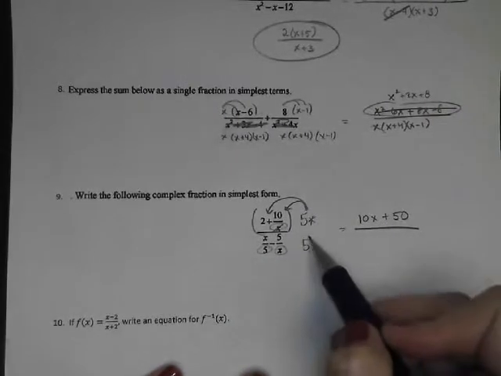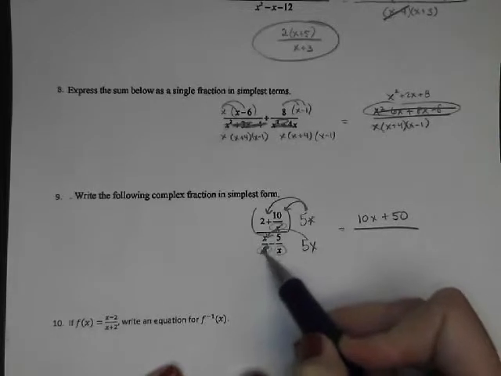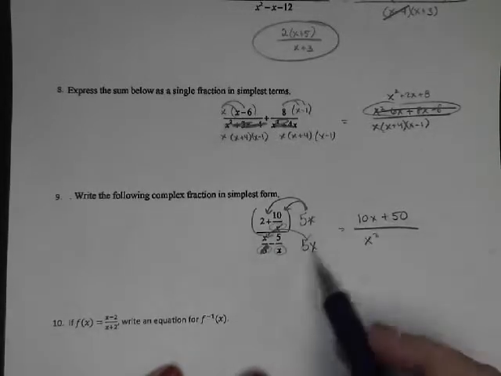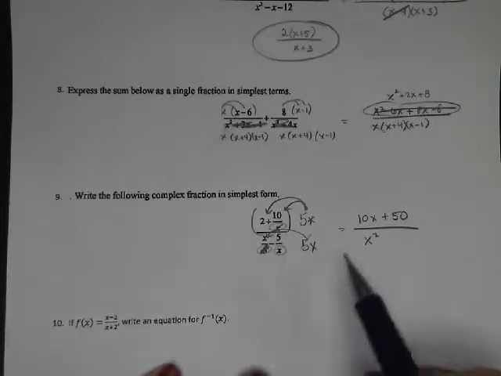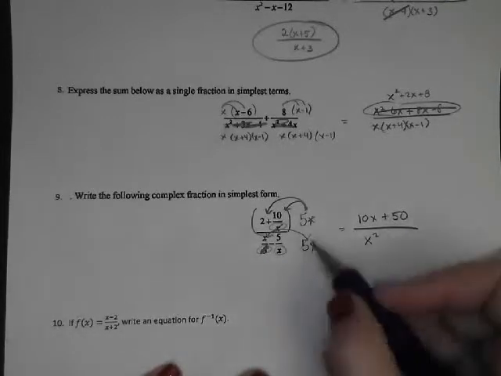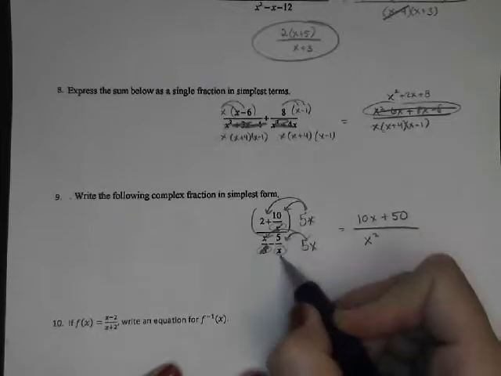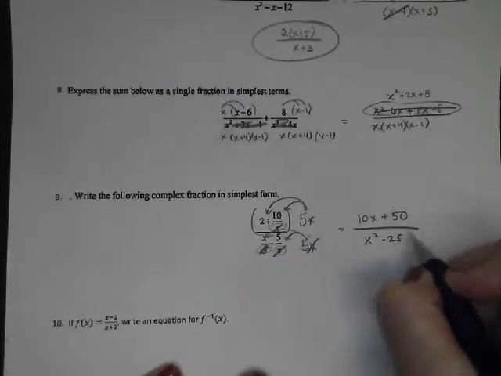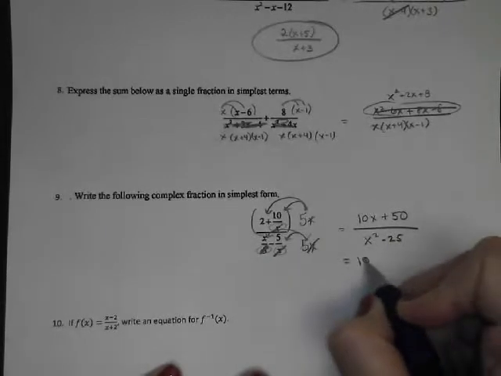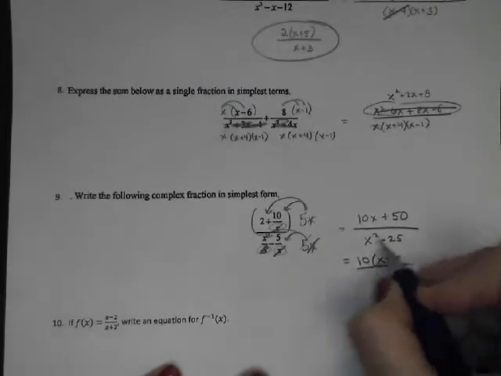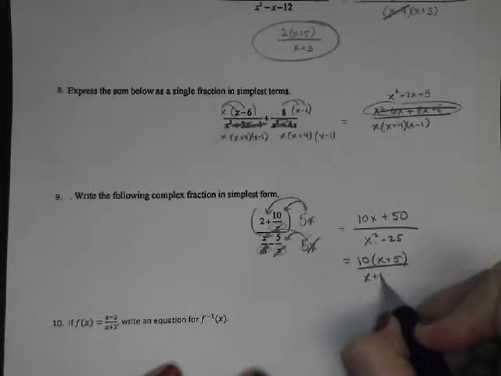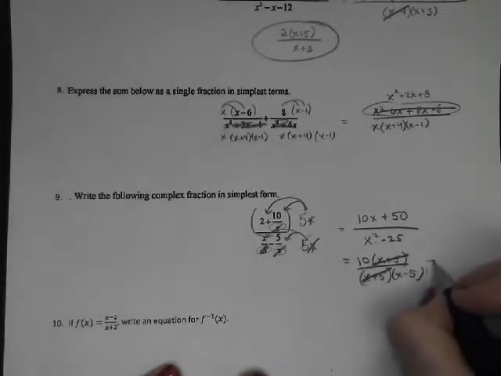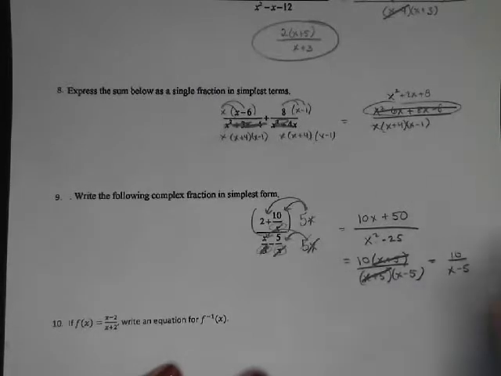On my denominator, 5x times the first fraction, the 5 will cancel, so x times x, I'm not going to fully cancel that 5 because I need it for my next distribution, but x times the leftover x is x squared, and when I distribute here, the x and the x will cancel. Negative 5 times 5 is negative 25. So I can factor out a 10 up top, and I can do difference of perfect squares on the bottom, which allows me that, and my final answer is 10 over x minus 5.